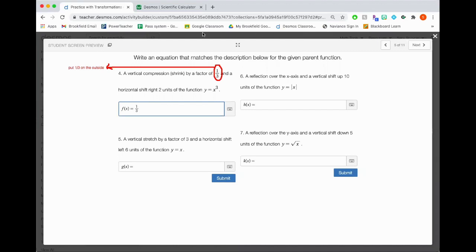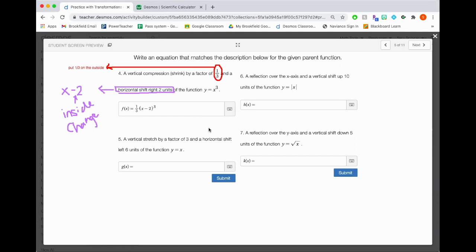And then I'm going to have here, it says a horizontal shift right 2 units. So that means subtract 2, right? Right means x minus 2. This is going to be an inside change. So since it's inside, I need parentheses, so parentheses x minus 2, and then I need my exponent cubed.